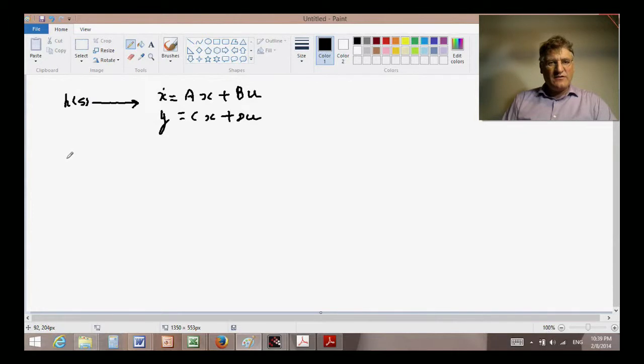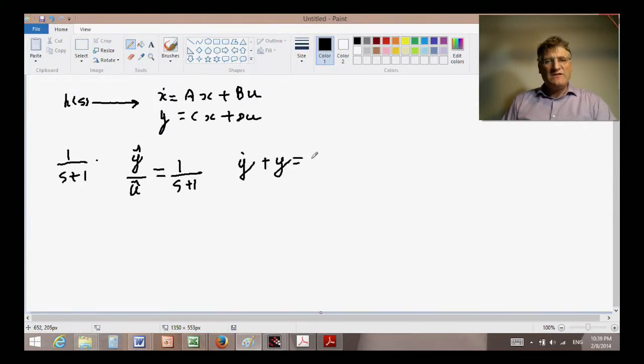Let us begin with the transfer function 1 over s plus 1. Such a transfer function is easy because we can write that y hat over u hat is equal to 1 over s plus 1, or y dot plus y is equal to u.